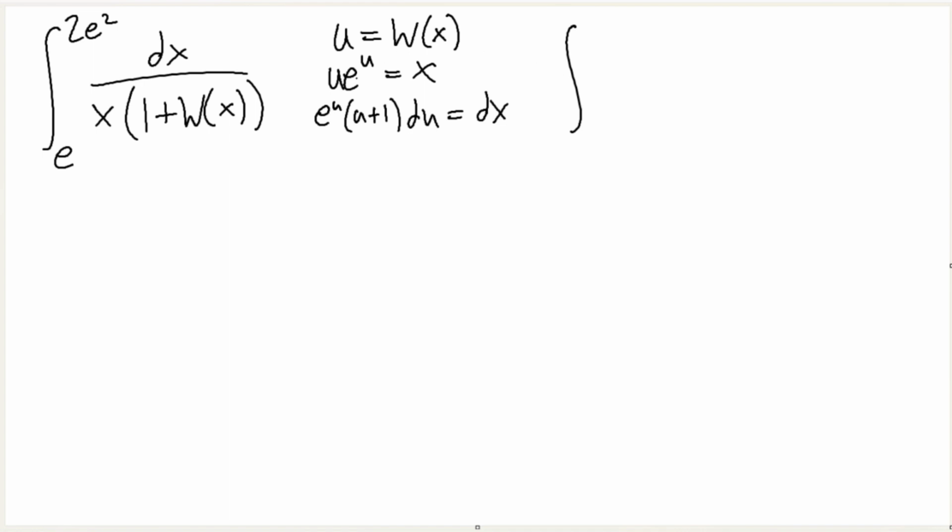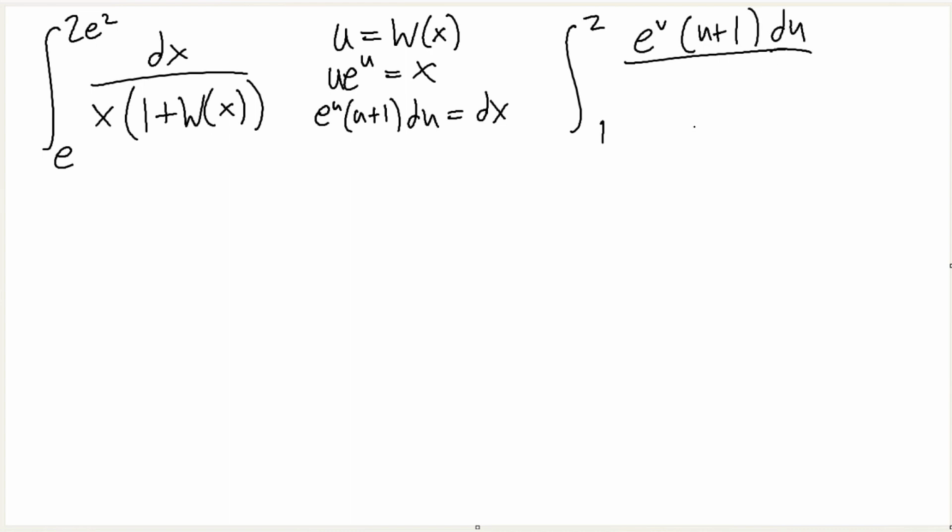Well, first of all, 2e squared, plug in x here: 2e squared looks like the form of u e to the u, so u equals 2. Then for e, plug in e, it must be 1. Okay, so that's how you would go about this. For dx, we get e to the u plus 1 du.